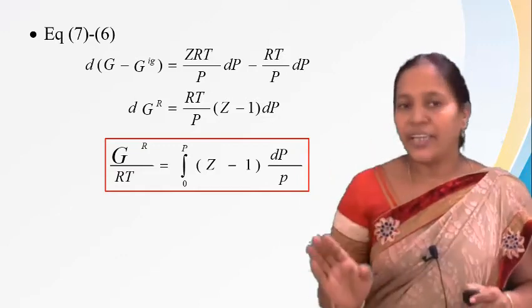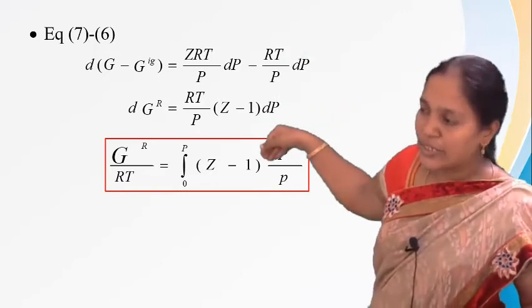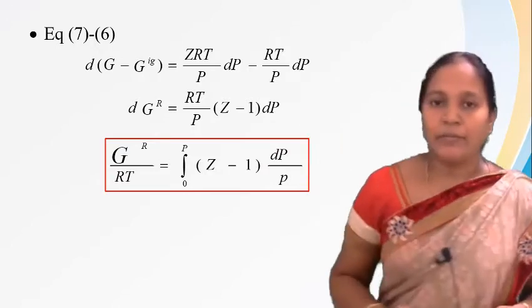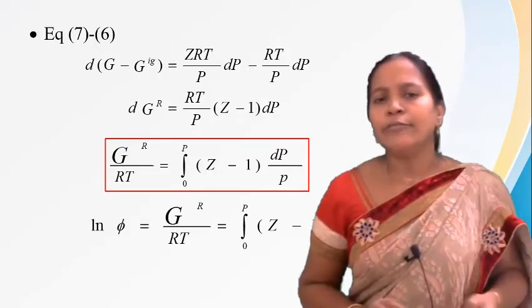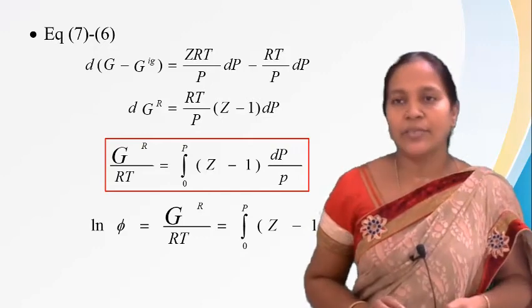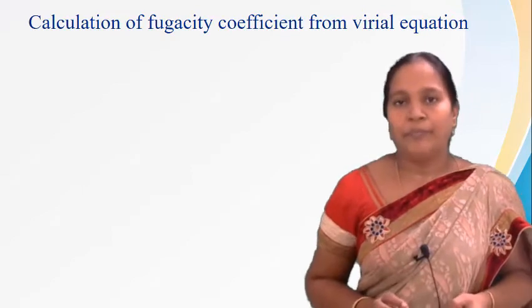After integrating, we get G^R by RT is equal to the integral of (Z minus 1) dP by P. Therefore, ln phi is equal to G^R by RT, which is equal to the integral of (Z minus 1) dP by P.